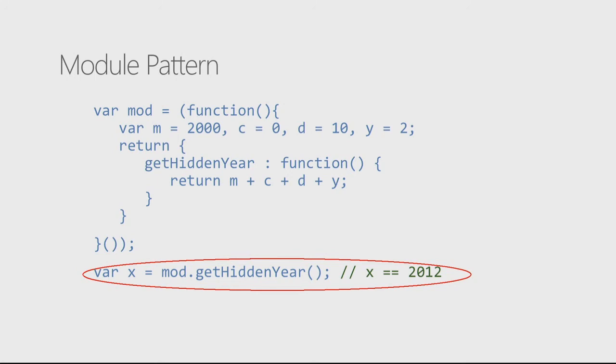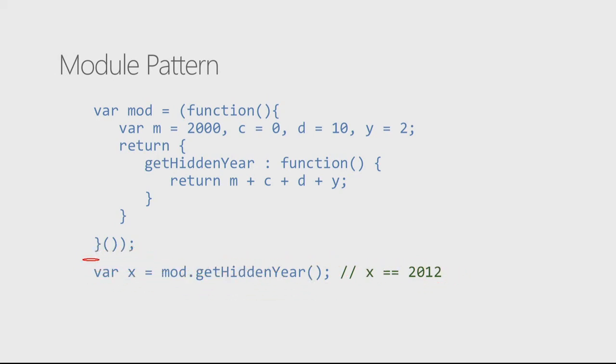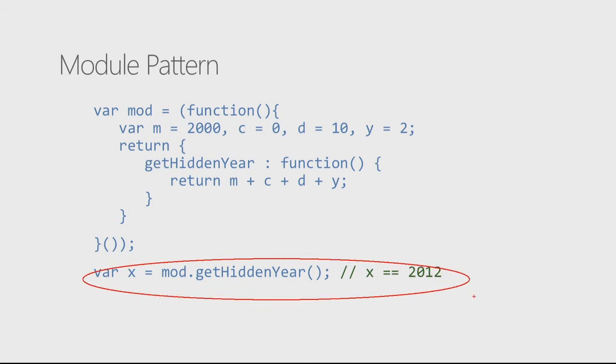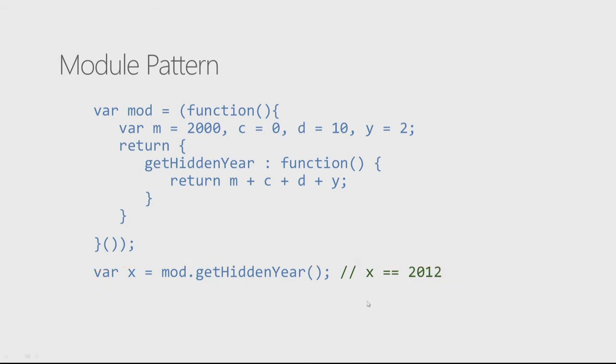I can't say mod.m, mod.c. That's not going to work because those were declared inside. But I do have that ability to go in there and call that method, which will return the correct result. So this is an opportunity for developers to explicitly create what they want exposed outside of that immediate function, and yet keep everything else hidden away.